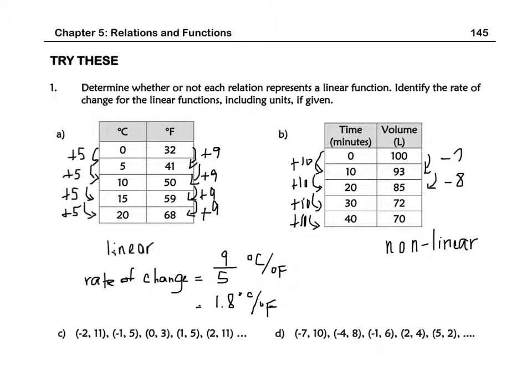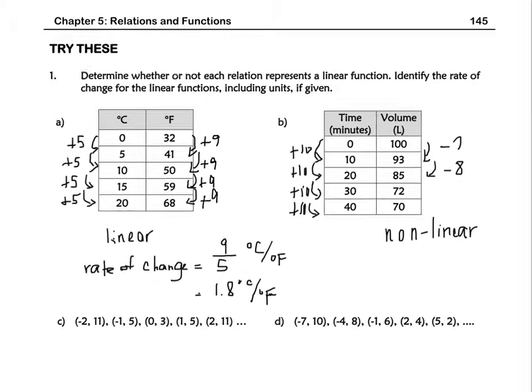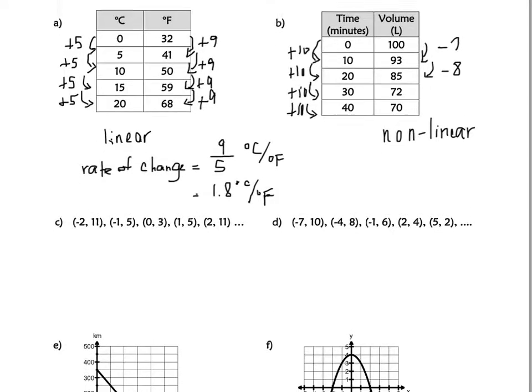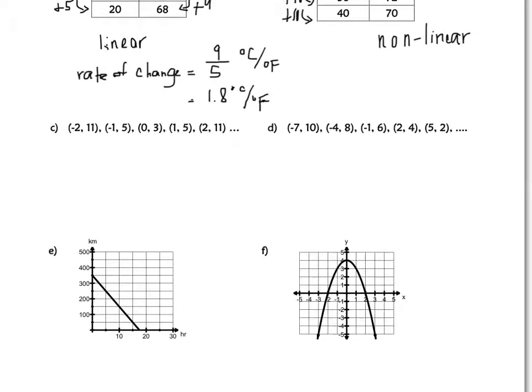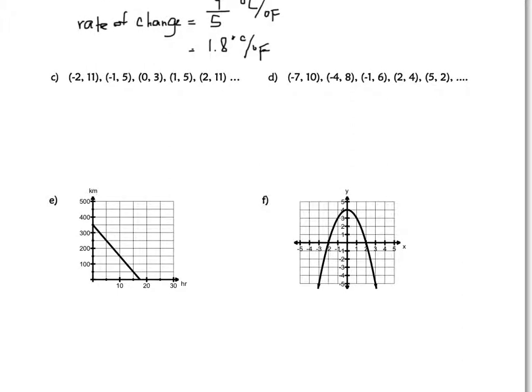And then we look at the next examples, our lists of ordered pairs. The first one, the x's are going up by 1 each time.